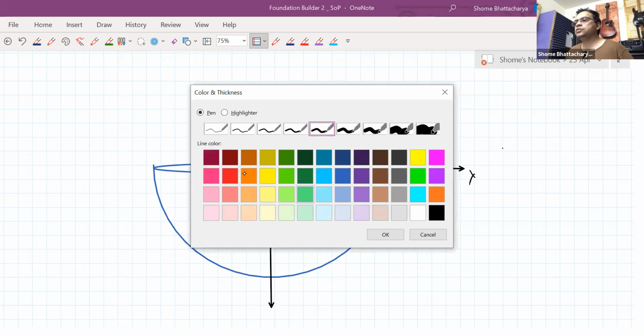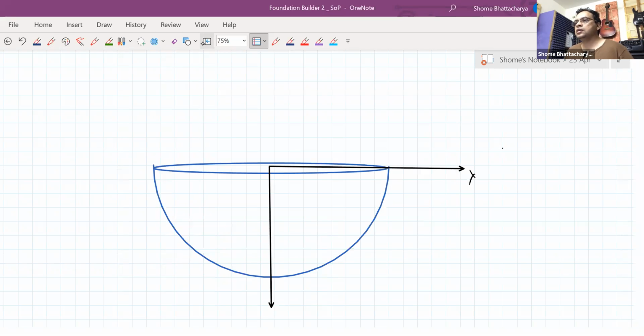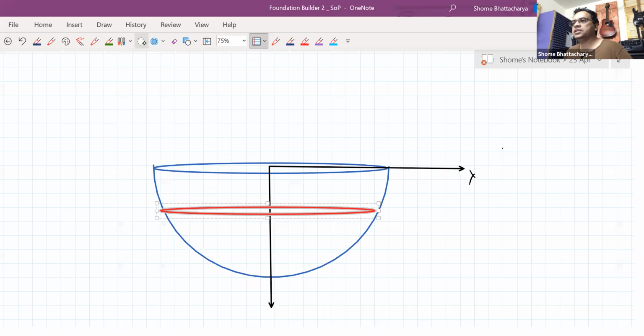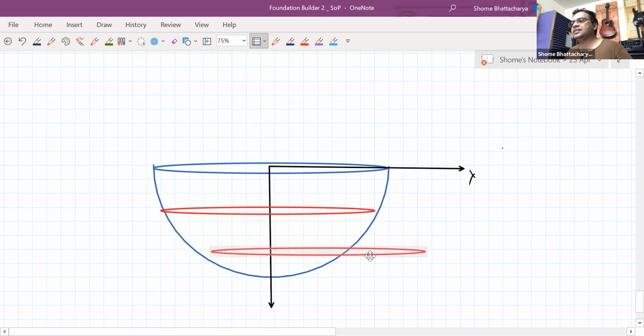So what we are going to next do is, at some y coordinate below, we are going to slice a ring like this, which we will get by basically using a plane parallel to the XZ plane to slice this object.